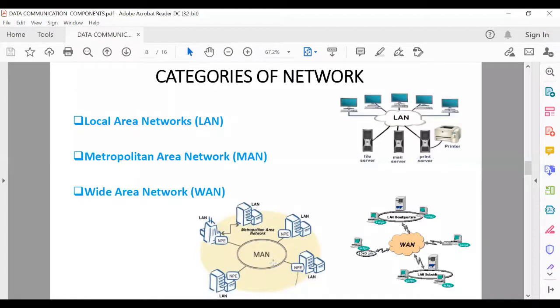Okay, and a network device known as a router is used to connect the LANs together, and the router directs the information packets to the desired destination.